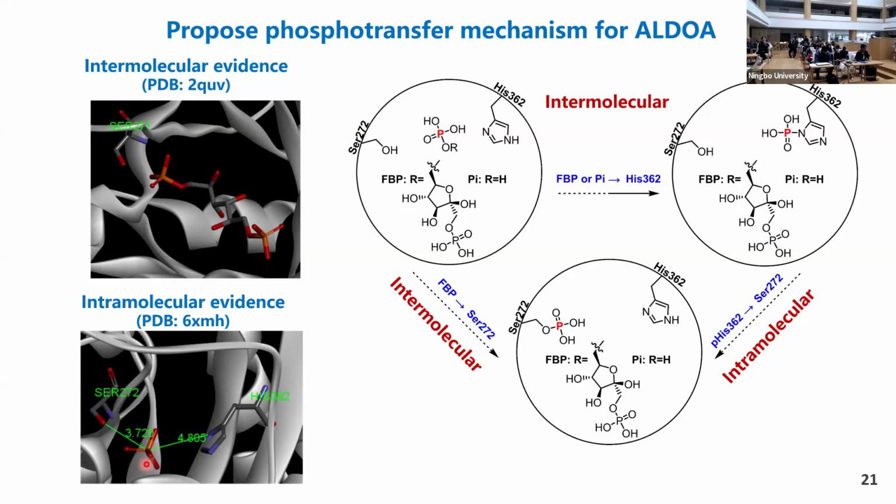So you can see this is intramolecular evidence that the phosphate can transfer from one amino acid residue of the protein to another residue nearby. So from this, we can establish two kinds of phosphate transfer process, intermolecular and intramolecular, right?